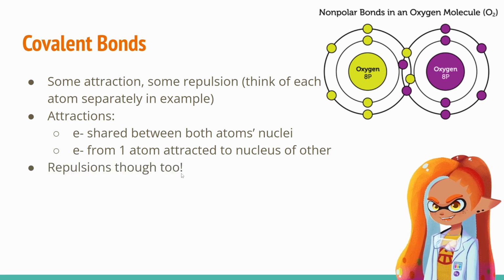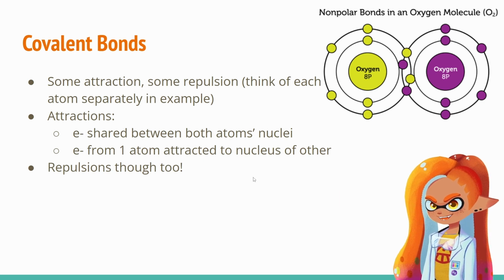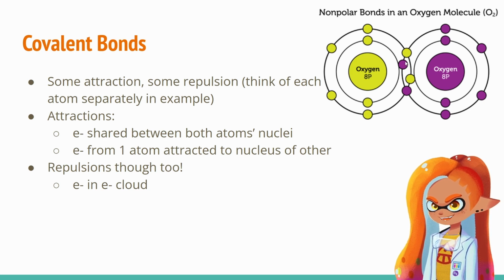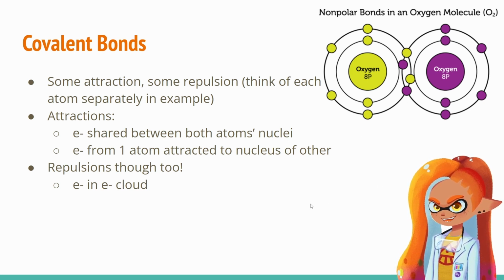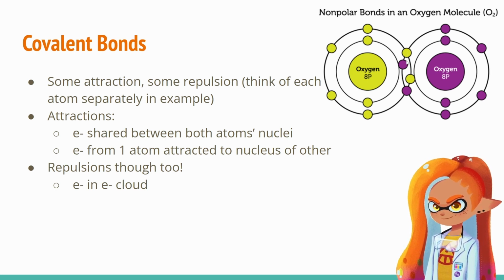Even with these attractions, which is why the bonds form, there are also repulsions happening at the same time. So you want to make sure that you understand that. The electrons in the electron cloud in general are repulsed. Electrons near each other are both negative, and so they do not attract each other at all. These electrons here, for example, if they are near each other, they would rather not be, and so they're repulsed.